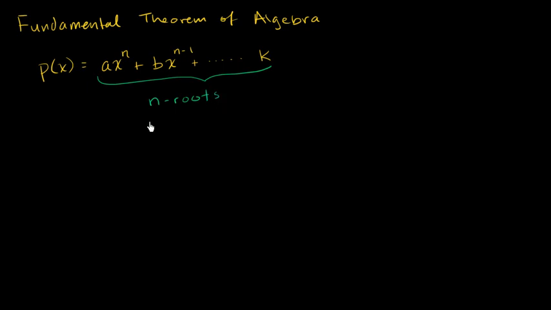Or another way to think about it, there are going to be exactly n values for x which will make this expression on the right be equal to 0. So at first you might say, okay, that makes sense. You've seen second degree polynomials whose graphs might look something like this. Let's say that's the y-axis, that's the x-axis.